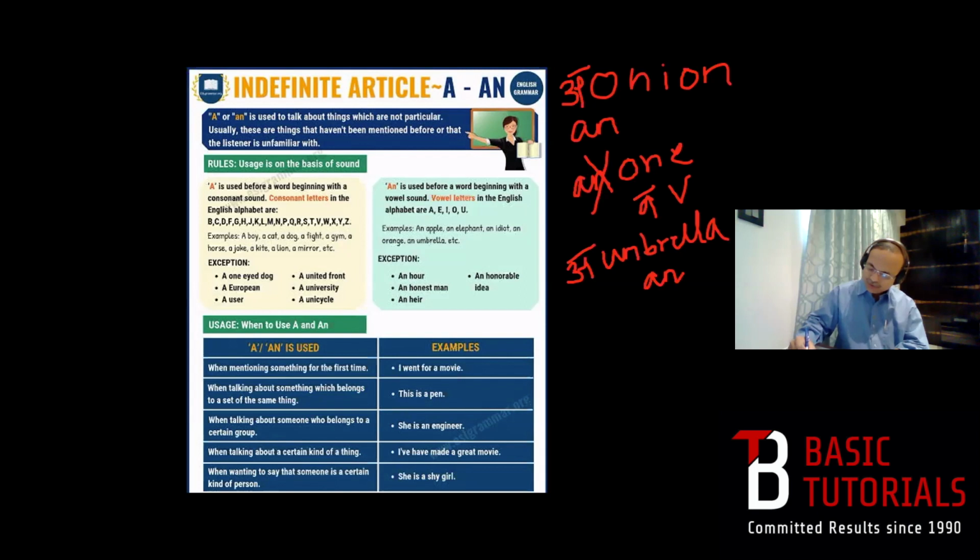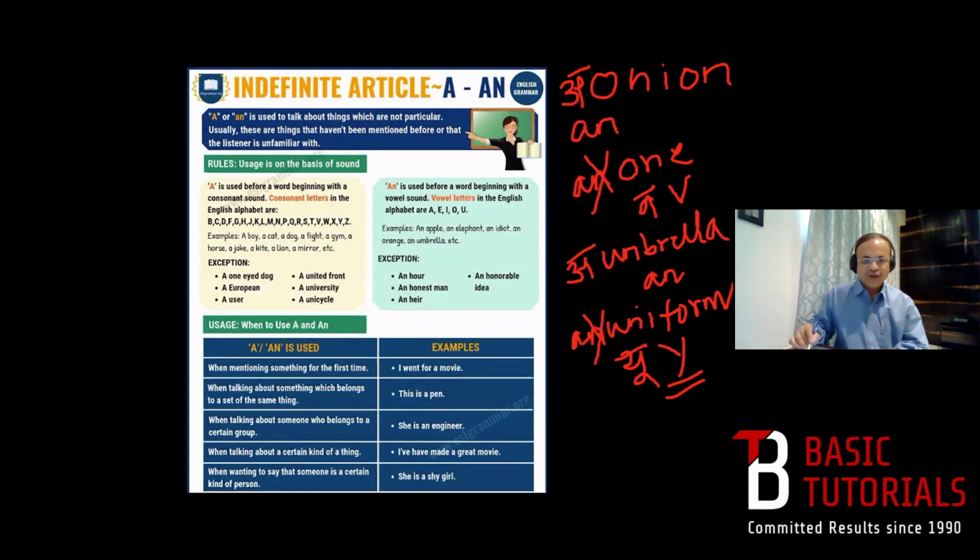But words like uniform, European, utensil, unique, university, all of them are pronounced as "yoo". Y is a consonant sound. Therefore, you should never write an uniform, but then it has to be a uniform. Hopefully, it's clear.